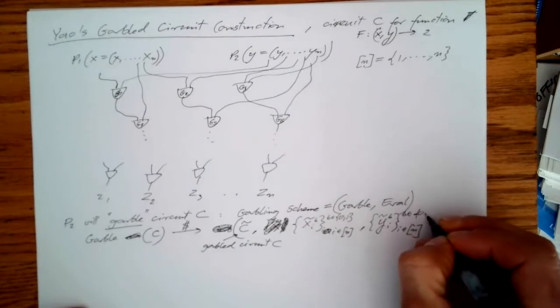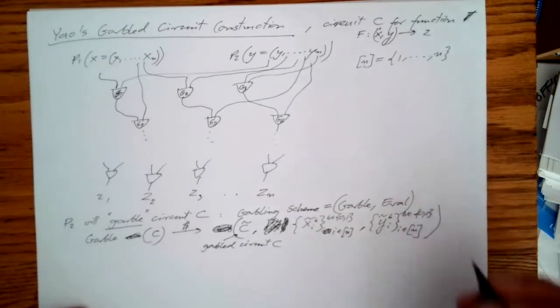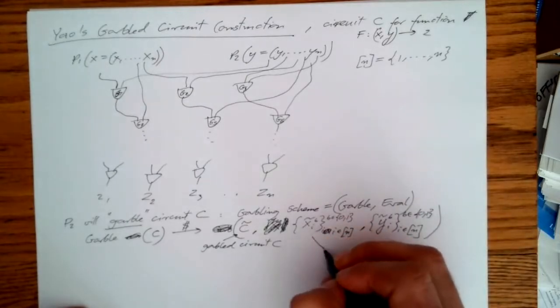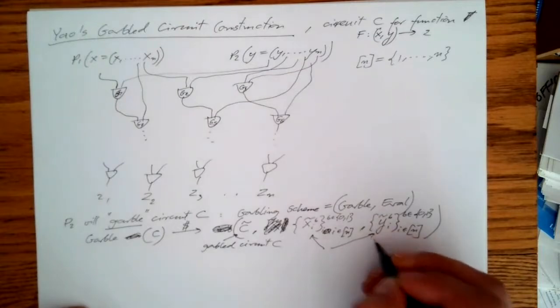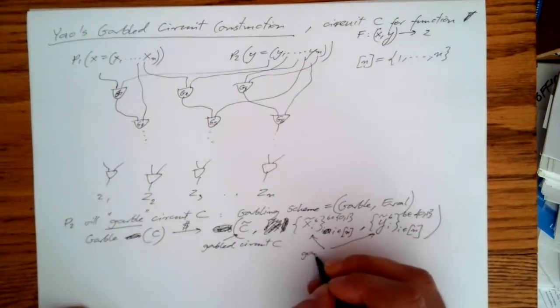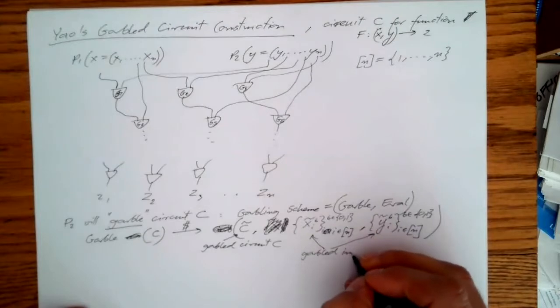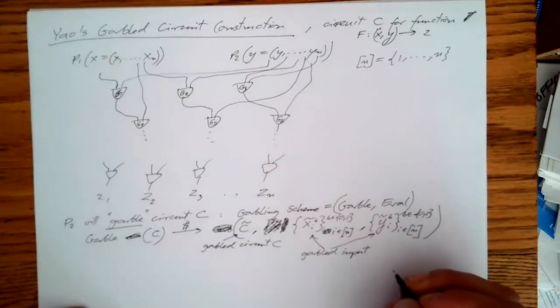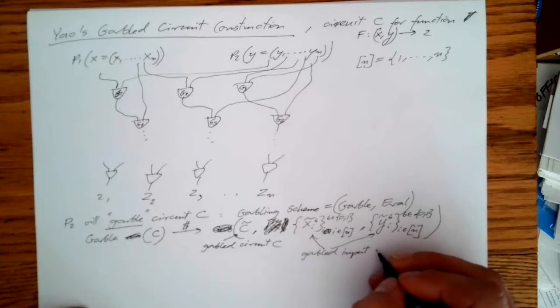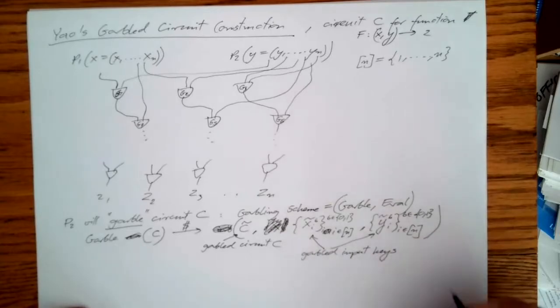This is the outputs of garbling. What are these things? These are garbled inputs. I can call them keys.